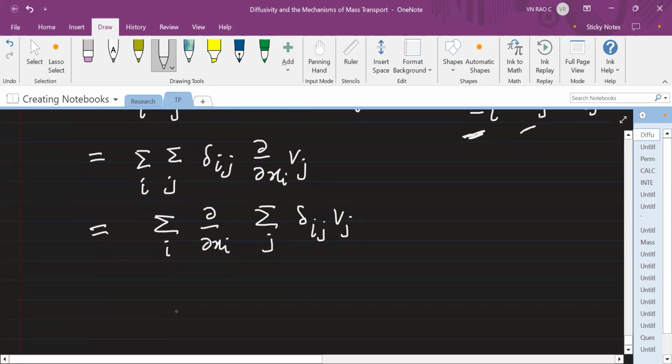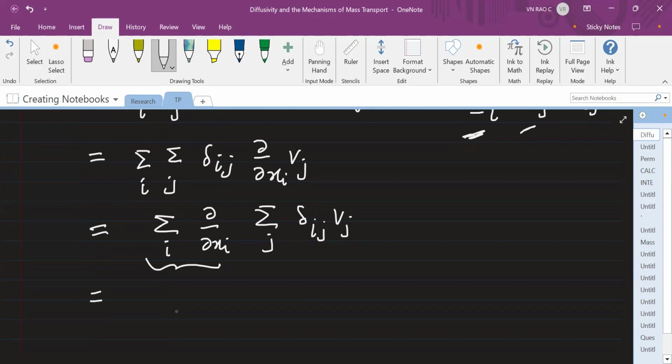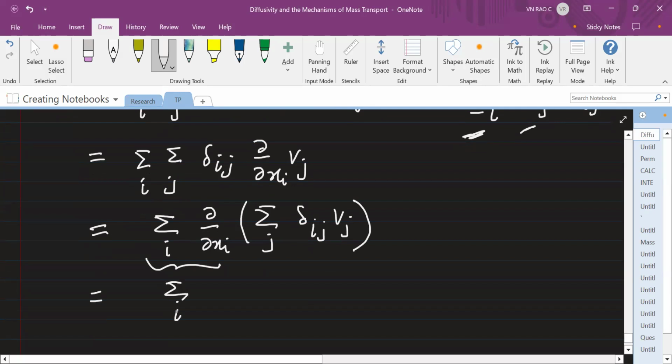This can be written this way also because this is only i, but the sigma applies here also. As a whole, this total quantity can be written in a compact form, which is here.